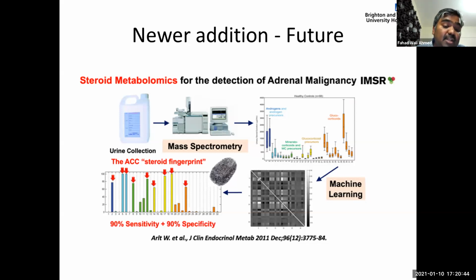The sensitivity and specificity is very high. And if we use this with the density and the size criteria, the sensitivity and specificity is further increased. This is actually patented in Birmingham, by one of the researchers from Birmingham University. And I think it's now becoming more and more commonly used in our clinical practice.